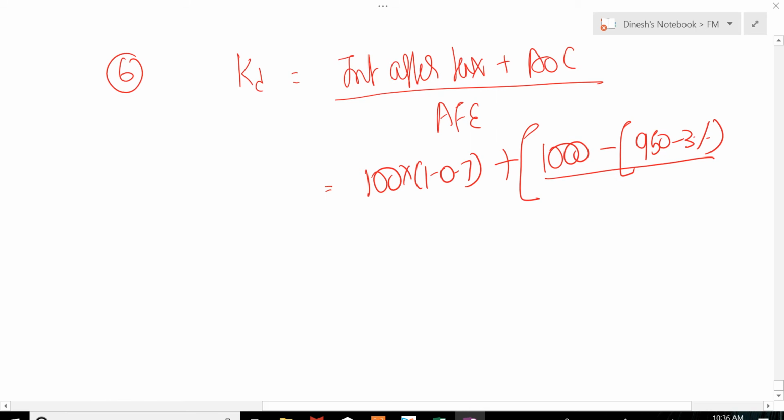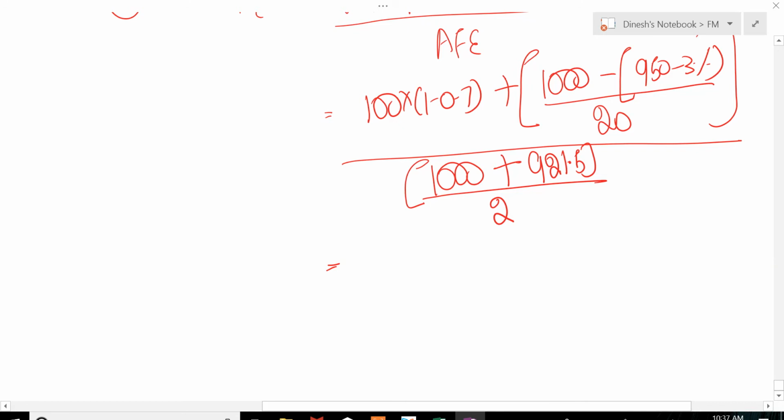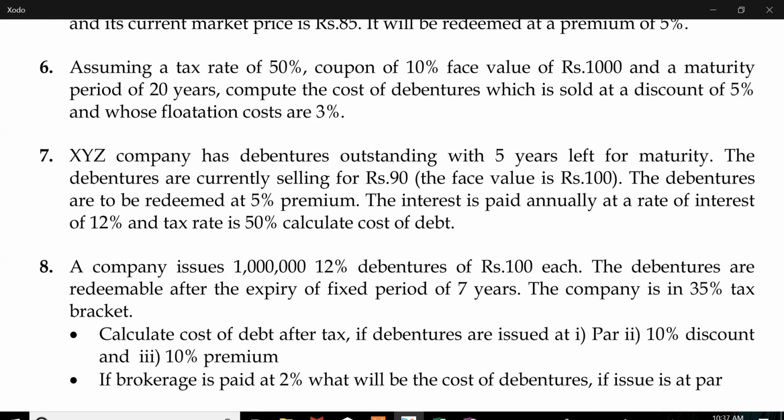So 1000 minus 950 minus 3%, divide by 10 years. It's given in the question. Oh, sorry.